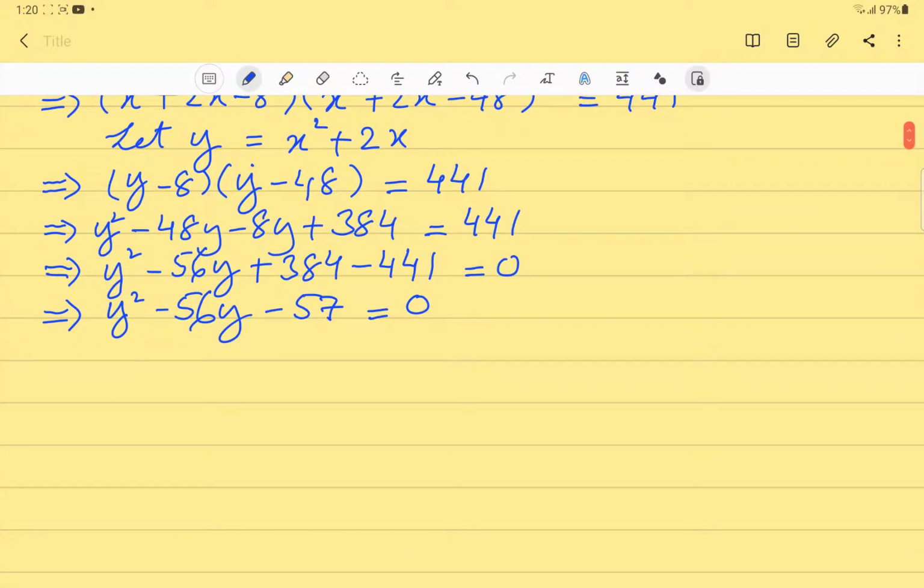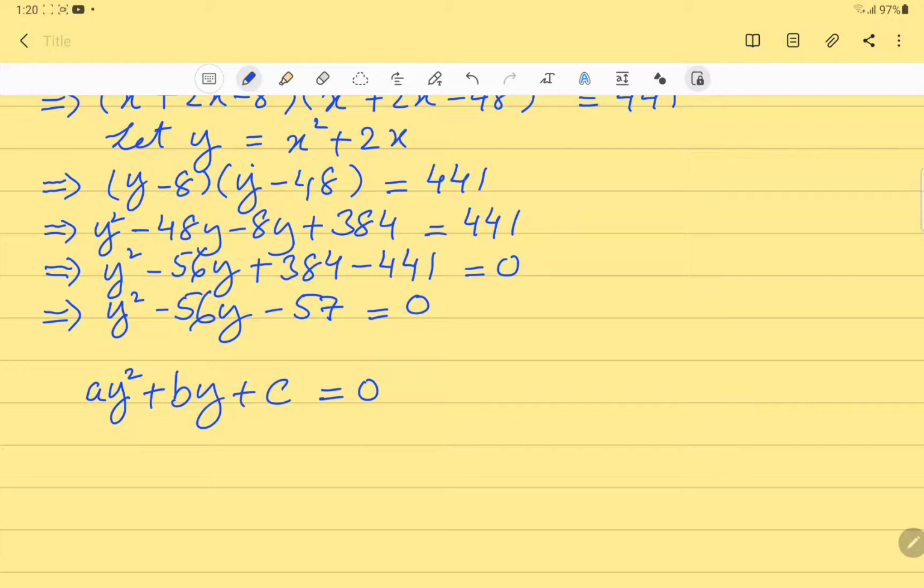We have this quadratic equation over here. Now either we can solve it with the help of the quadratic formula, or we can simply factorize it as well. So let us go for the factorization. Here we have to compare it with the general form of the quadratic equation, which is ay squared plus by plus c is equal to 0.